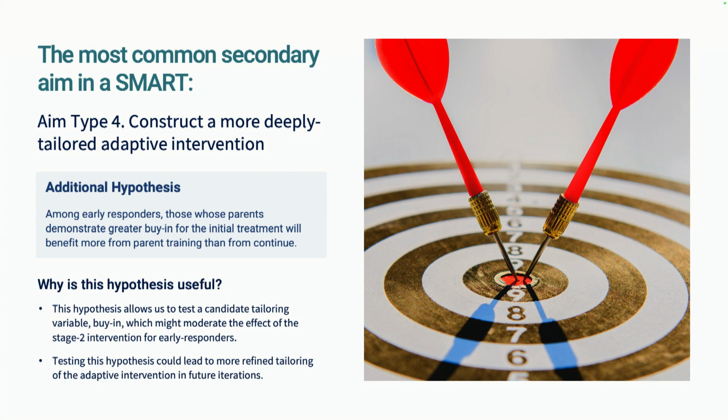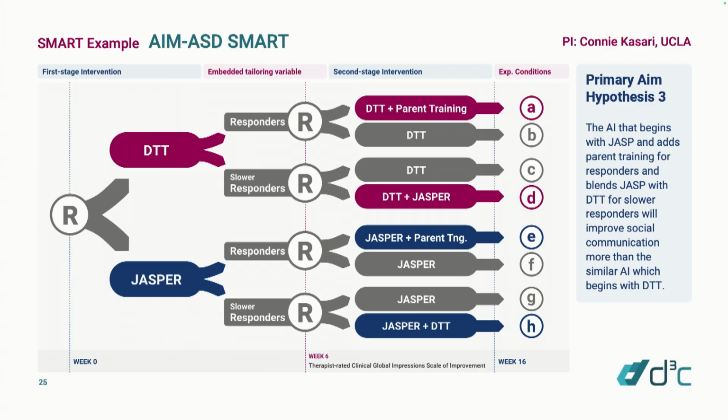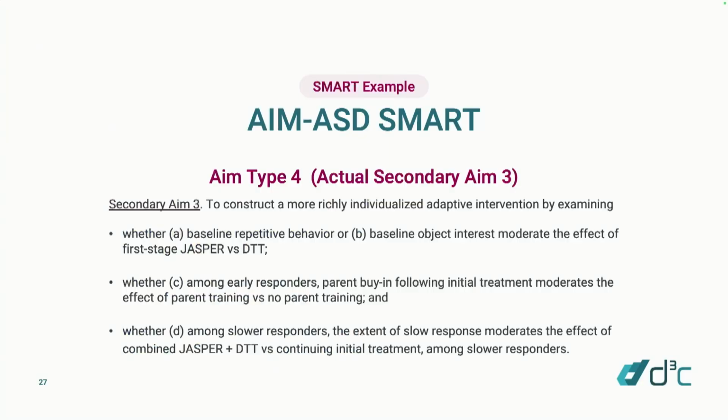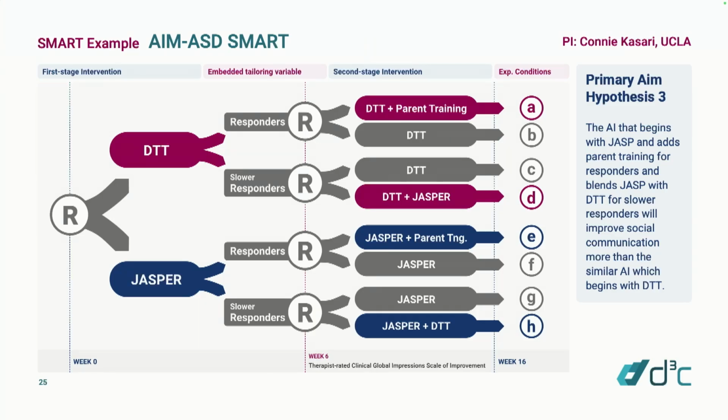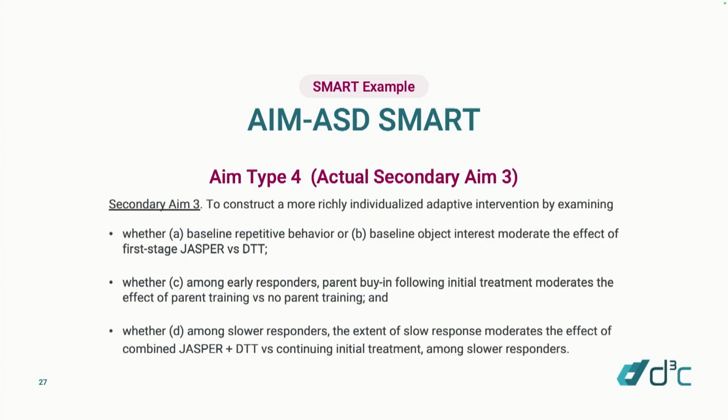So if this hypothesis pans out, then guess what, y'all? When we roll out to the real world, we're going to break this up into 2 kinds of responders. Responders with parent buy-in and responders without parent buy-in, and we might be selecting different treatments as a result. Does everybody see that? See why we're optimizers? So groovy. I love it, man. I love it. This is such a novel trial.